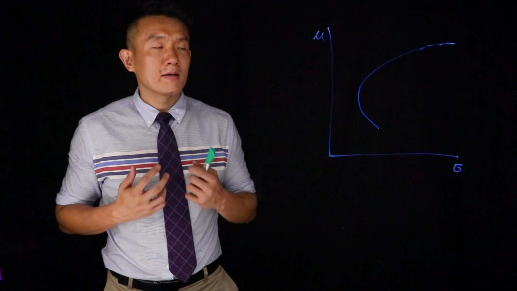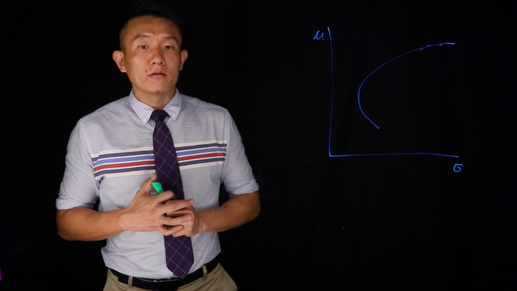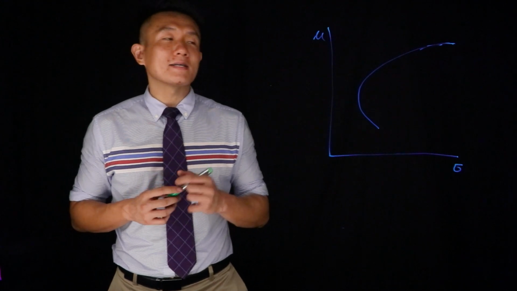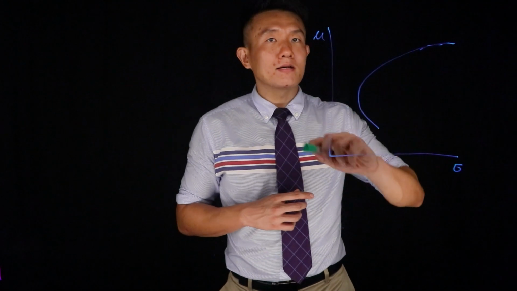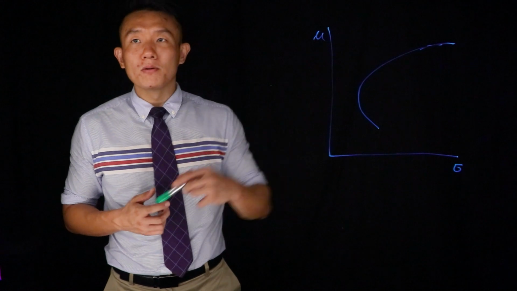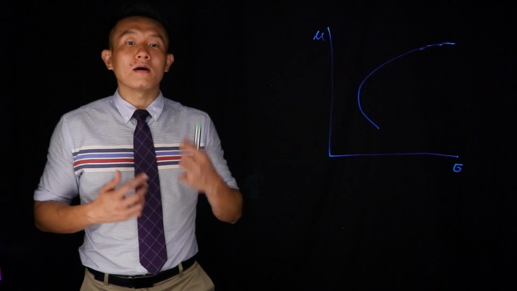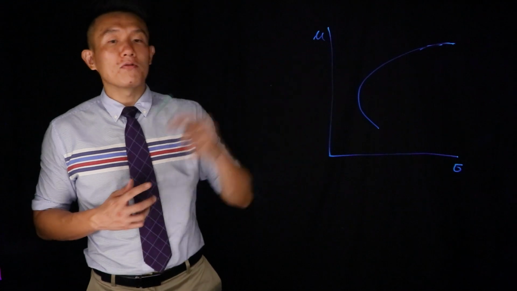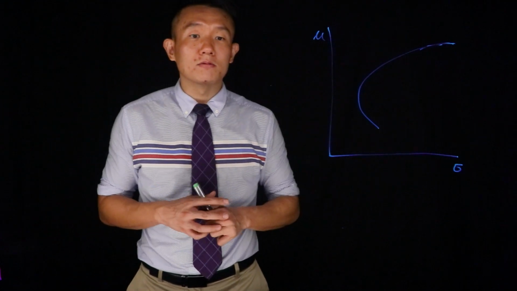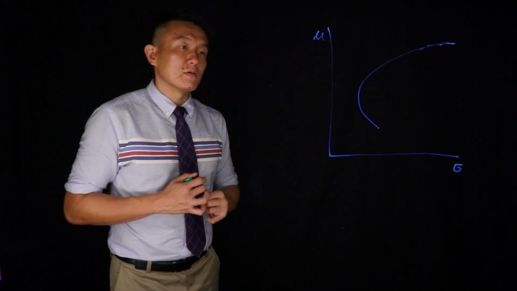Now, we still haven't answered the question, though, of where exactly on this efficient frontier you want to live, right? All of these portfolios are efficient in the sense that there's nothing that's better both in terms of return and in terms of risk. So where on the efficient frontier do we want to invest?